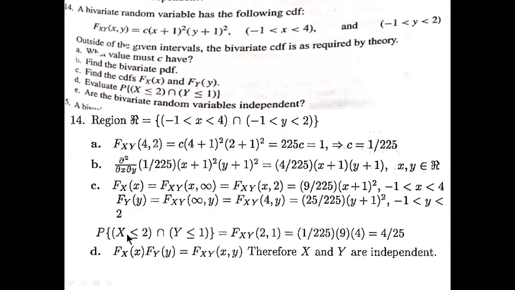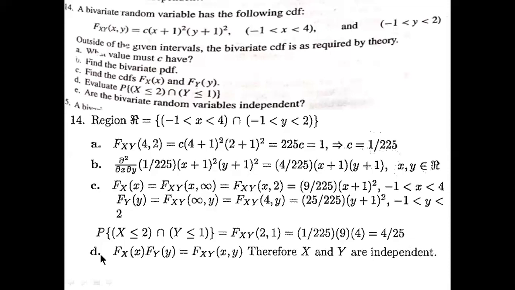So P of X less than or equal to 2 intersection Y less than or equal to 1 will just give you the value of F of x, y at 2 comma 1. That will give 1 by 225 into 9 into 4, that is 4 by 25.